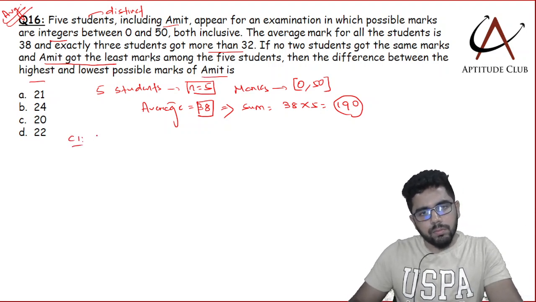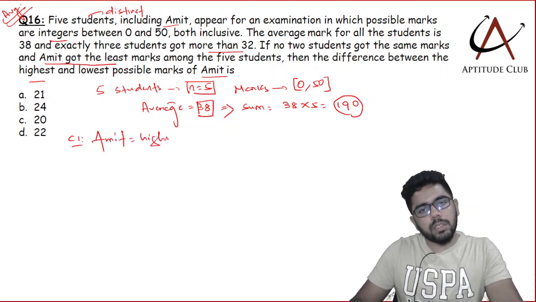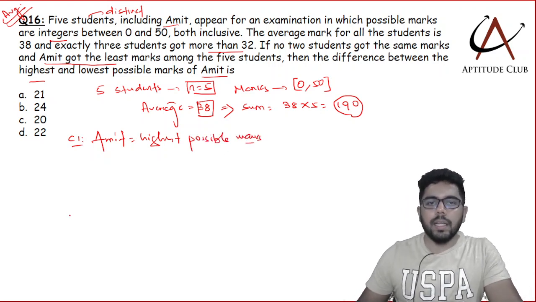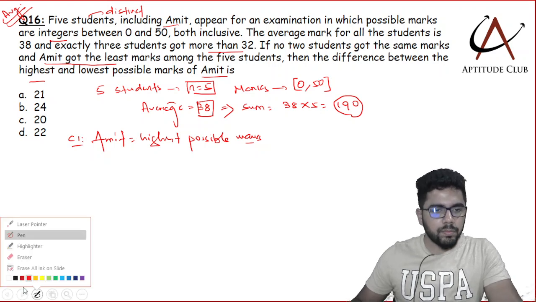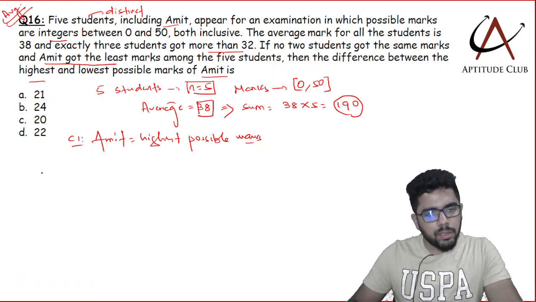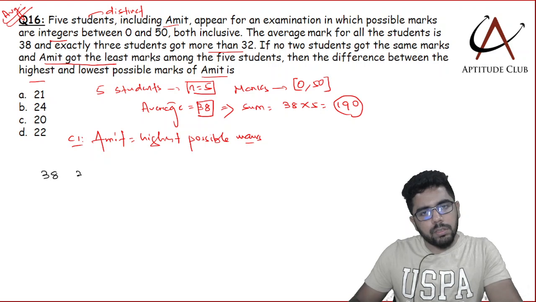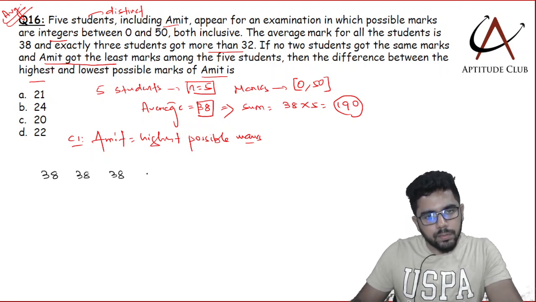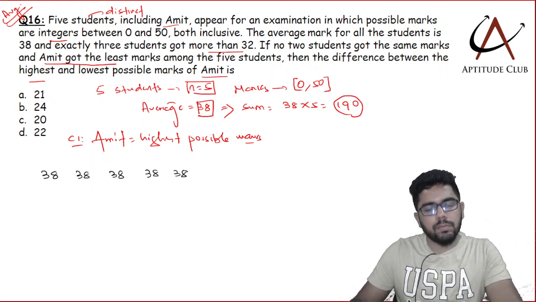So case 1, let me take Amit's highest possible marks. What can be the highest possible marks of Amit? If you think of it this way, 38 is the average, so 38, 38, 38, 38 and 38.